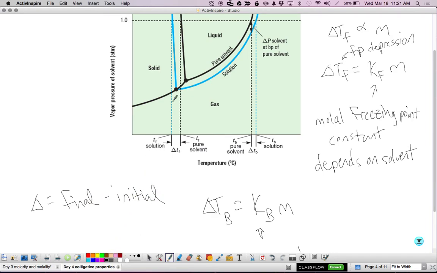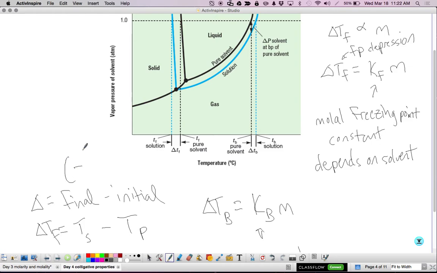All right, so in this case, let's say freezing point depression. The final is the freezing point of the solution, and the initial is T pure. This will give us how much of a decrease there is due to freezing point.